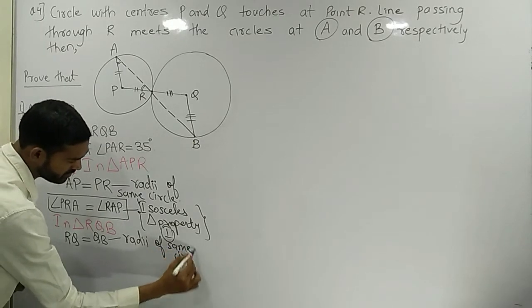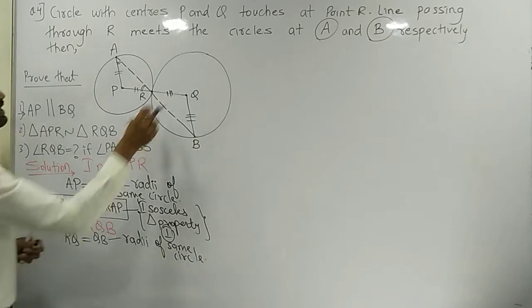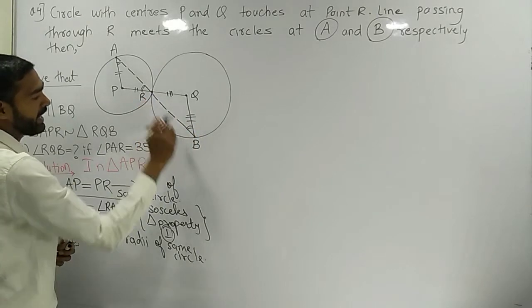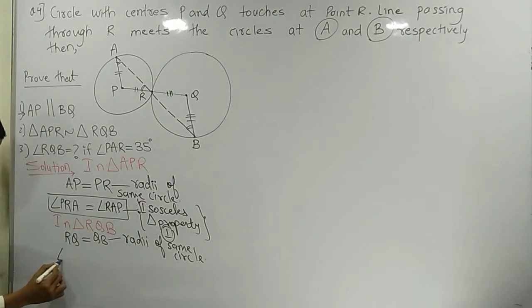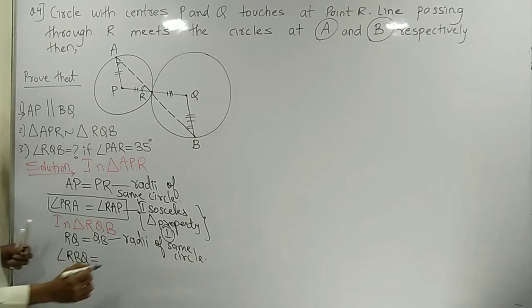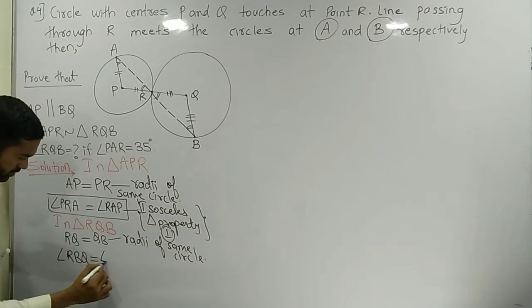Since two sides are equal, again the angles opposite to them are equal. Opposite to RQ is angle B, so I can write angle RBQ equals angle QRB.